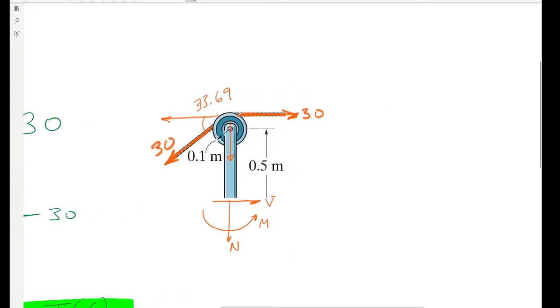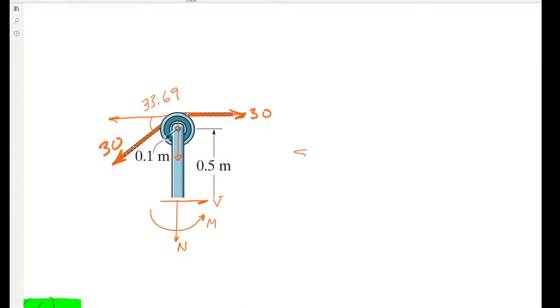Now, what I'm going to do here is I'm going to sum the forces in the y equaling 0. Make this one positive. Means I have a negative n.